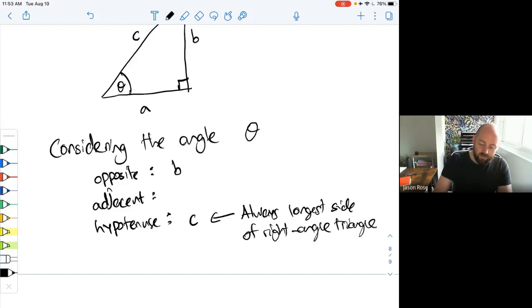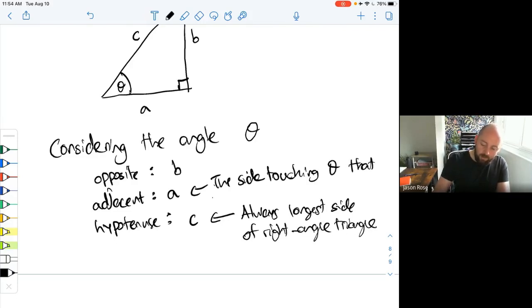The adjacent is going to be A. That's the side that touches the angle theta that is not the hypotenuse.